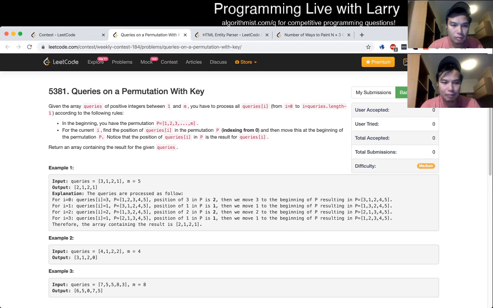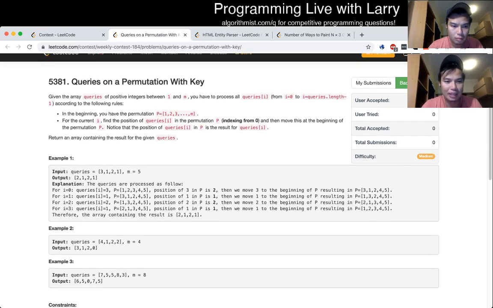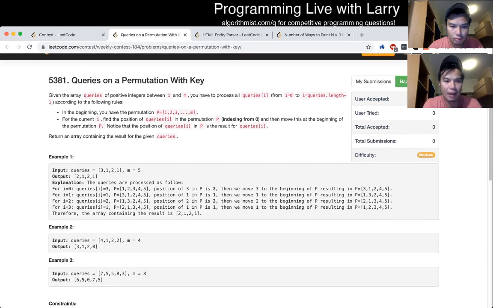Okay, second problem: Queries on a permutation with key. This one could potentially be tricky, and there are definitely ways to think about it.